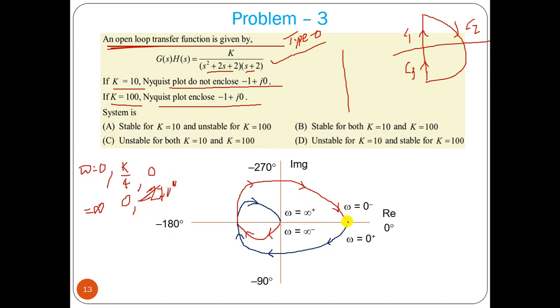So, it should start from 0 degrees, where the value is k by 4, and it should end by crossing minus 90 and minus 180 degrees, and then it goes to 0 at minus 270 degrees. Then we have this C2. Due to this C2 plot, we have zero radius circles, but we can neglect that, and then we can plot the inverse polar plot. So this will be the complete Nyquist plot.